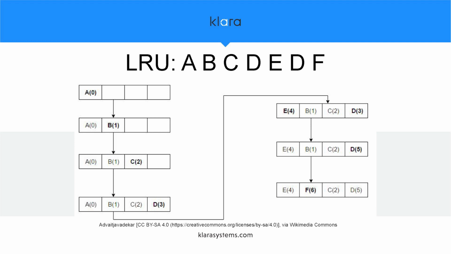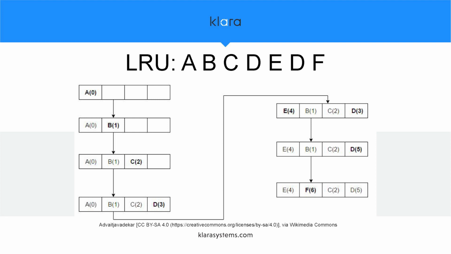But the next thing we do is use block D. Lucky for us, it's in the cache, so we can access it faster. But we have to update the time on it from step 3 to step 5 so that we don't throw it away, because we've actually used it, so we move it back to the front of the list. And then we use block F. Again, we're low on space, so we're going to find the block with the oldest access time and overwrite it.